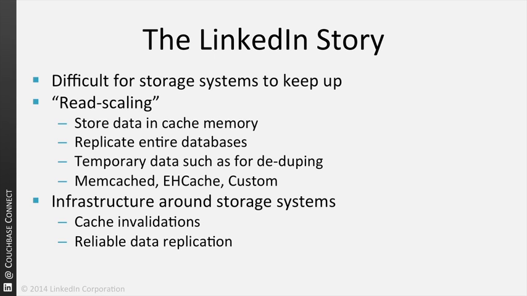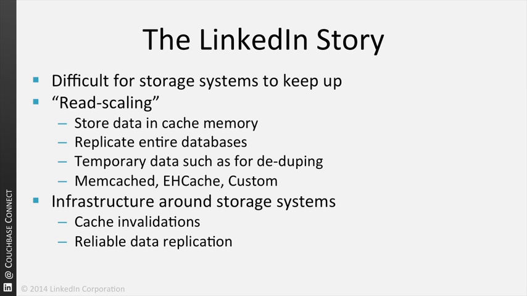So what happened at LinkedIn is that we basically outgrew our storage systems. Whether you have an Oracle, whether you have any sort of database, you just cannot take that kind of traffic through a database. So read scaling became a huge, important aspect for us. We basically use caches.